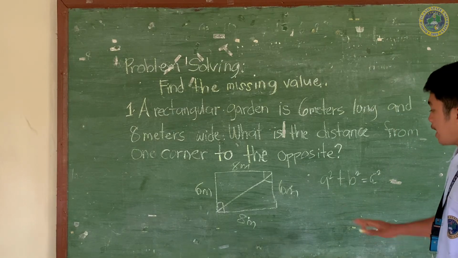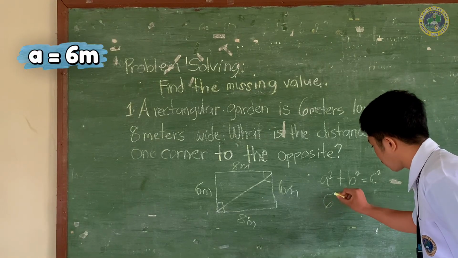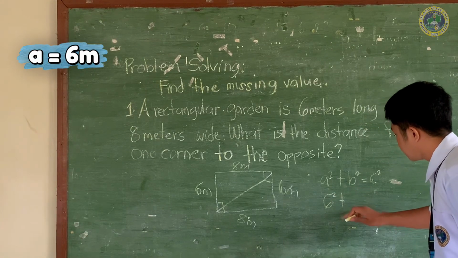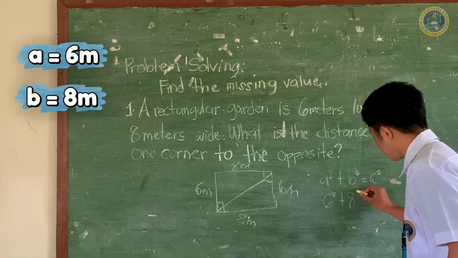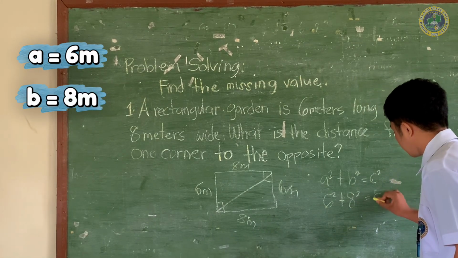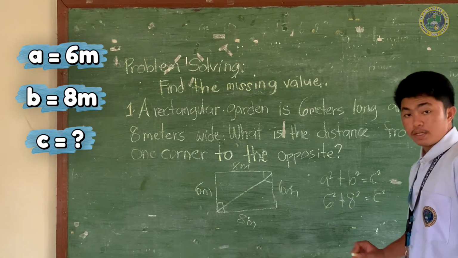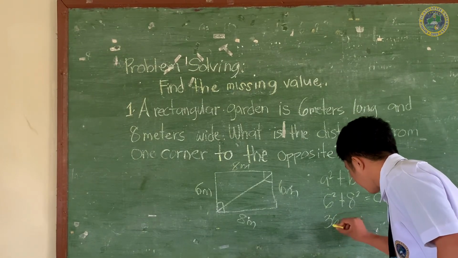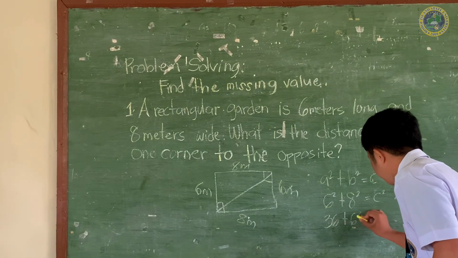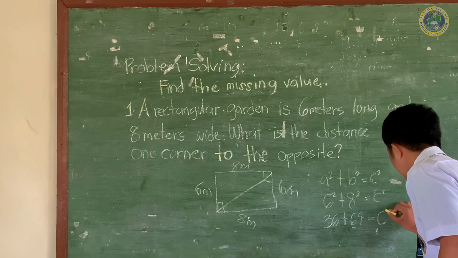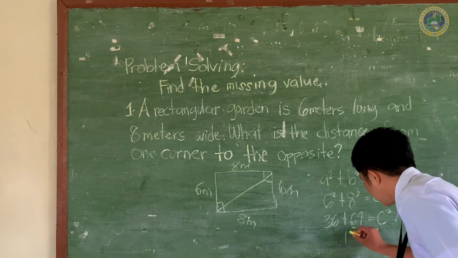We have here a squared, we have 6 squared plus our b, which is 8 meters, so 8 squared is equal to c squared. So 6 squared is 36 plus 8 squared is 64, equal to c squared. So 36 plus 64 is 100.